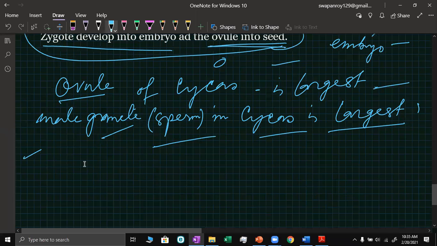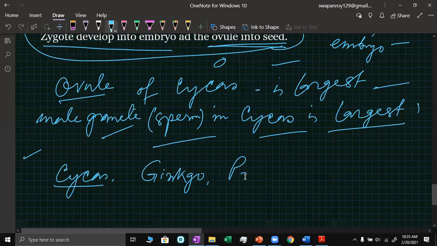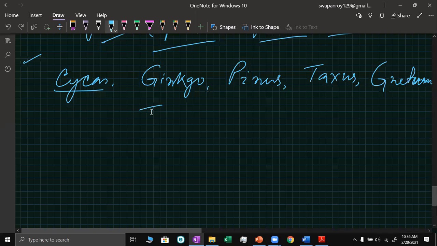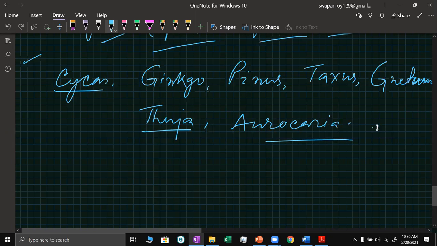Some of the gymnosperms are Cycas, Ginkgo, Pinus, Taxus, Gnetum, Thuja, Araucaria, Cryptomeria, and so on.